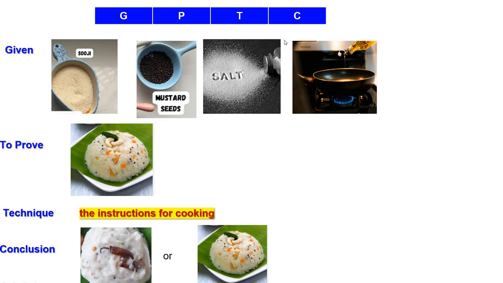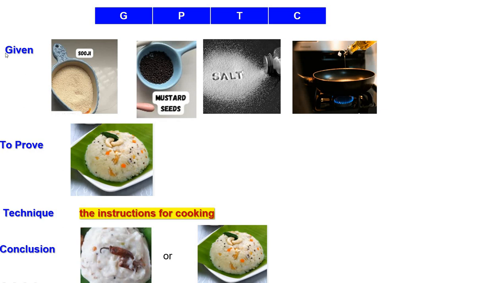Now on this GPTC rule, as already explained in one of the videos: what is given, what is to be proved, the technique involved, and the conclusion. Having learned the basics mentioned earlier, now we will see what is meant by GPTC in the case of making upma, one of the tiffins of South Indian houses, a staple food.